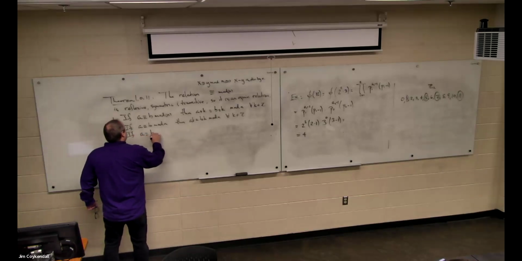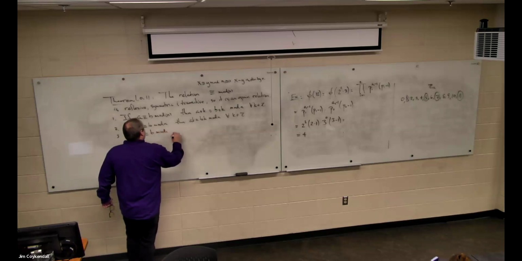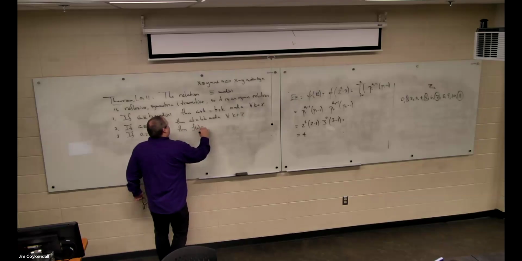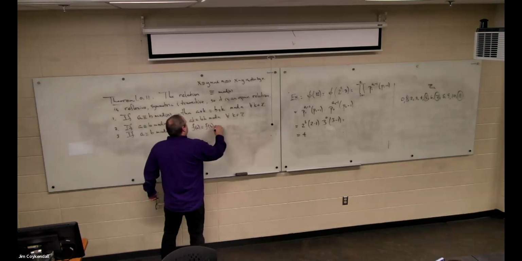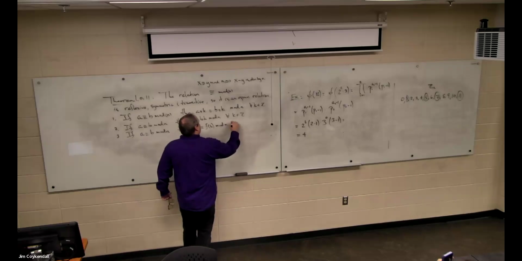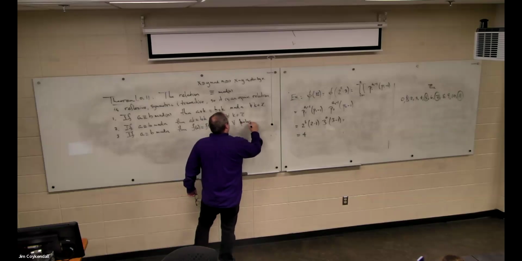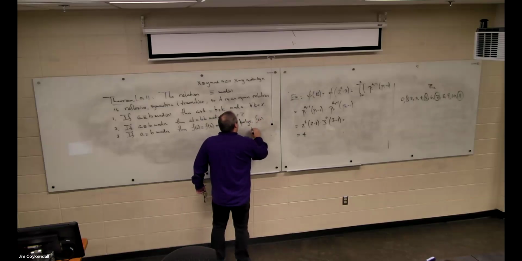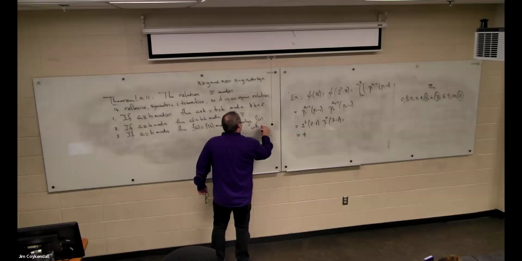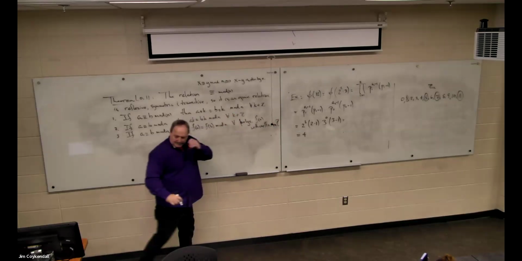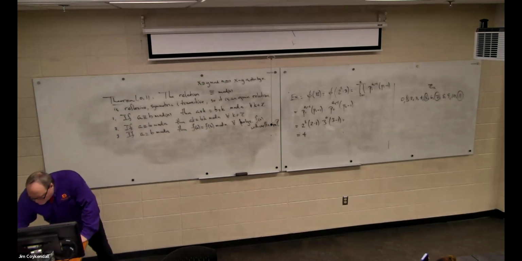If A is equivalent to B mod N, then F of A is equivalent to F of B mod N for all polynomials F of X with coefficients in Z.